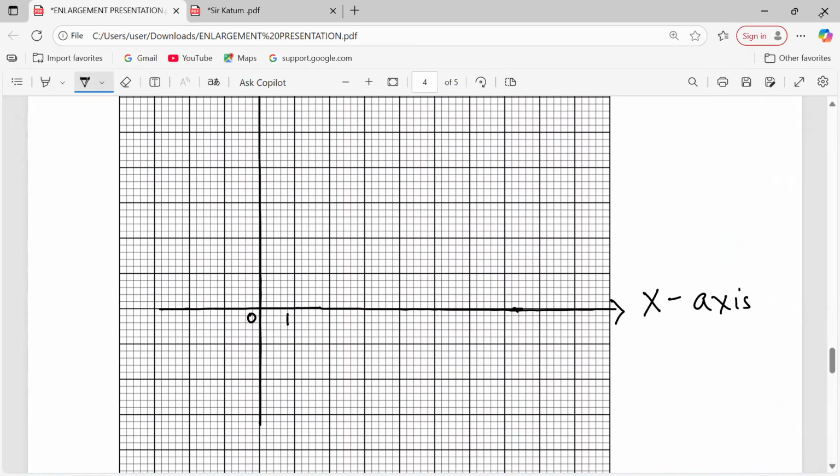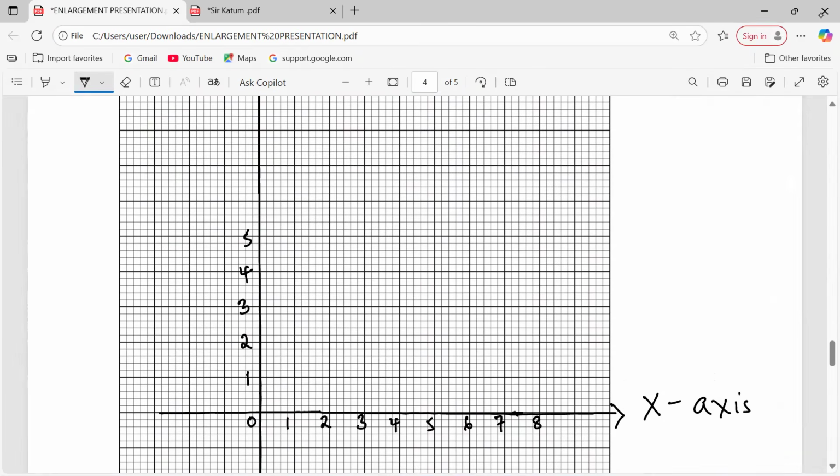Then I have 1, 2, 3, 4, 5, 6, 7, 8 on the x-axis, and 1, 2, 3, 4, 5, 6, 7, 8 on the y-axis. That's enough.